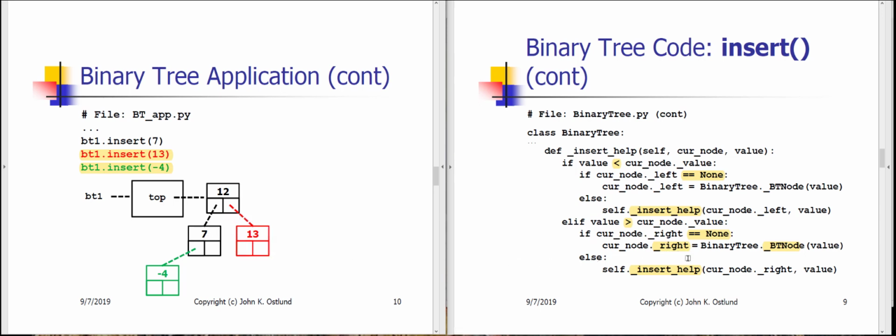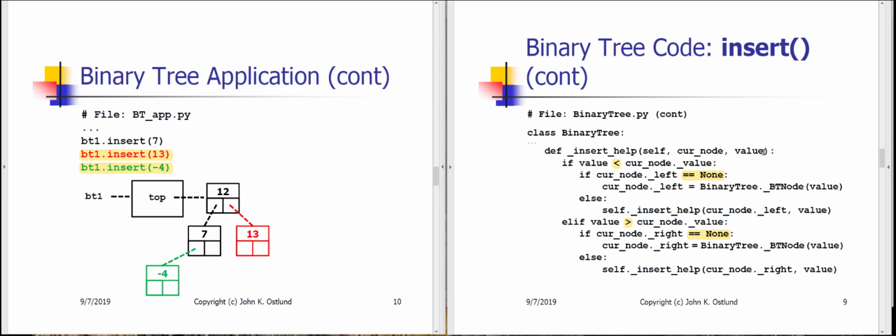Now, continuing on to the insert of -4, let me erase some of my yellow here. So now we're inserting the -4. When insert gets called, we discover that the binary tree BT1 has a node in it, so we call insert help. Self is a reference to the binary tree as a whole. Cur node is a reference to the 12, the topmost node in the tree.